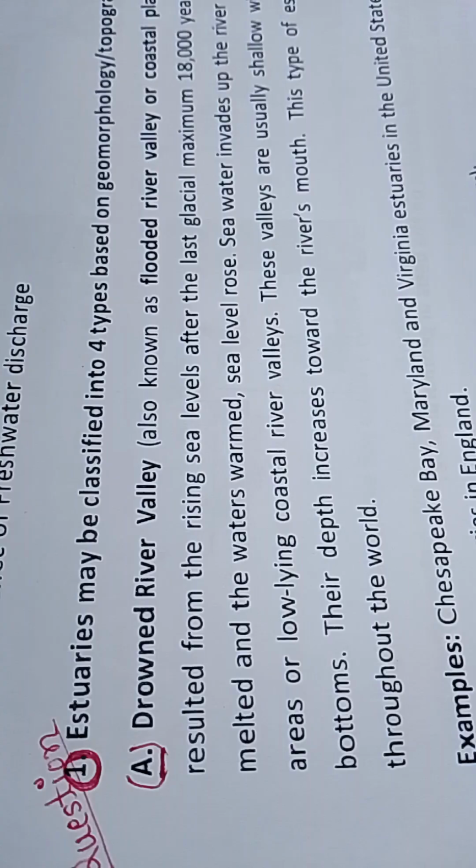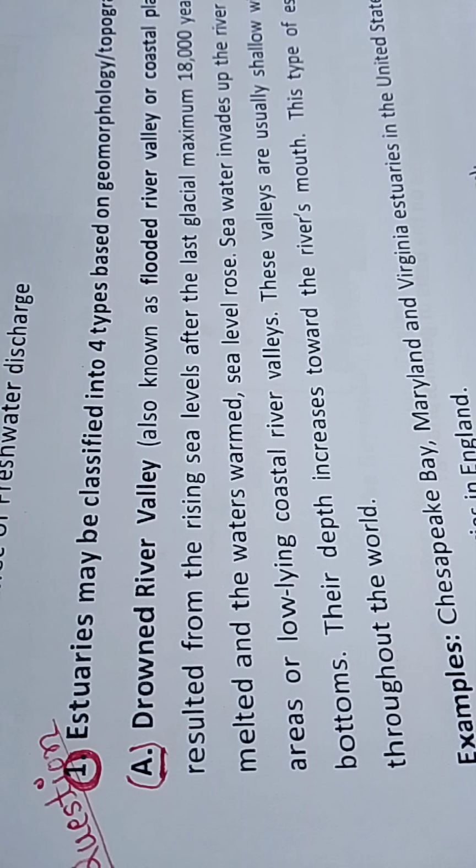Drowned river valley, also known as flooded river valley or coastal plain estuary. It resulted from the rising sea level after the last glacial maximum 18,000 years ago, as the ice melted and the water warmed.